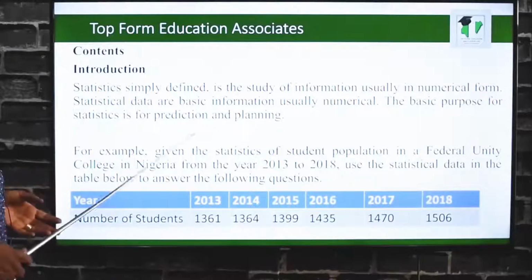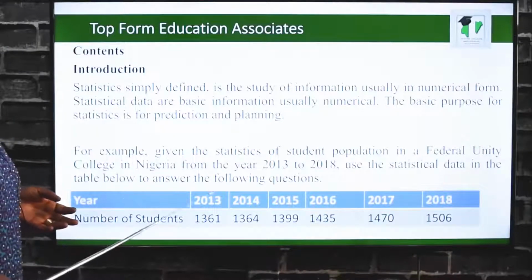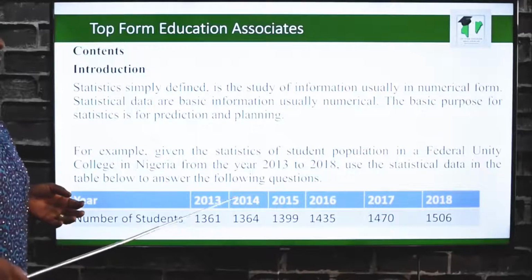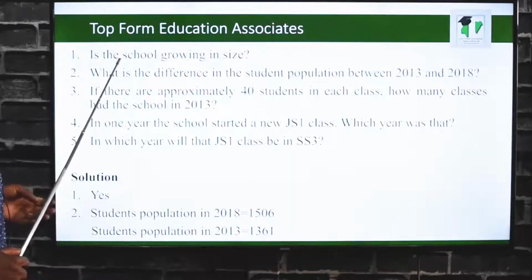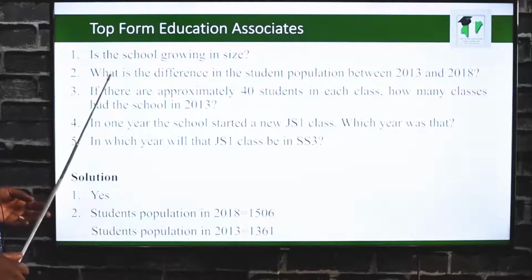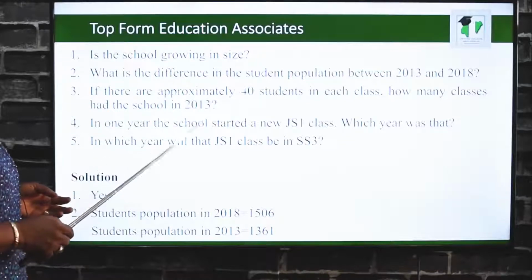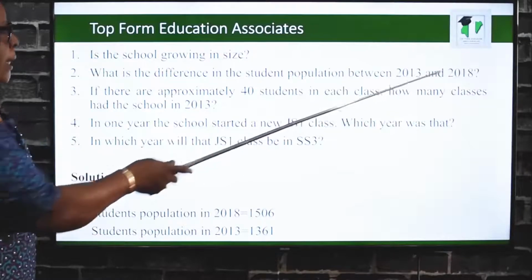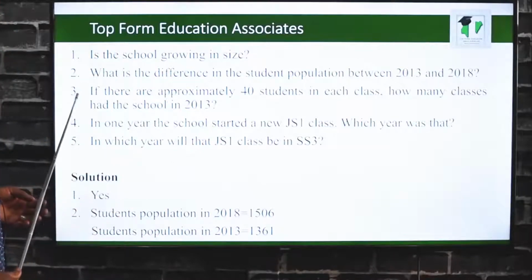So let us look at the questions that we are going to answer using this frequency table. So the first question is, is the school growing in size? The second one is, what is the difference in the student population between 2013 and 2018? 3.